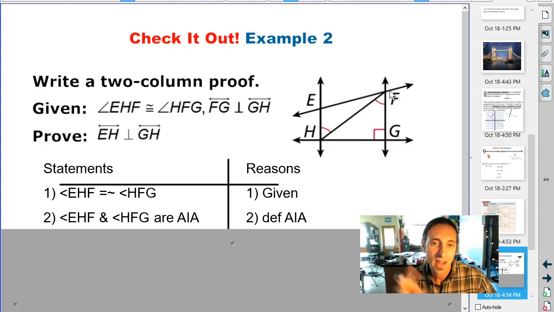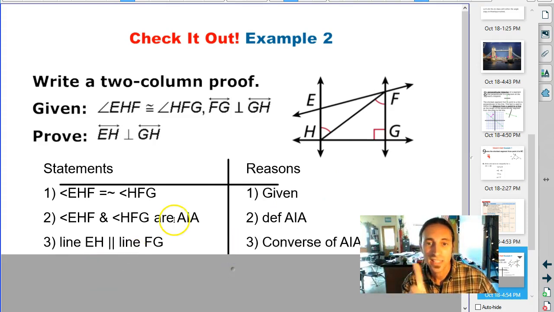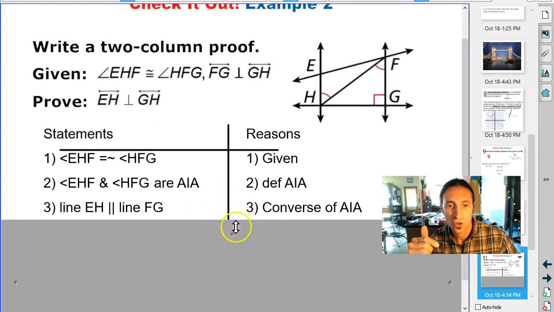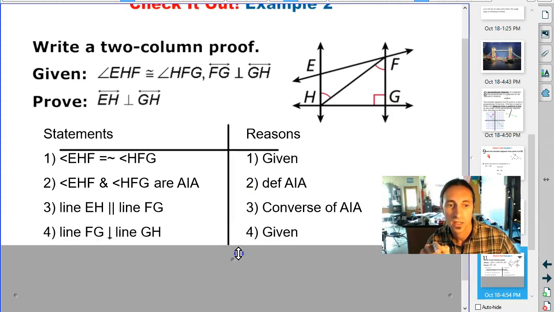Well, sweet. Now that you know you've got congruent angles that are alternate interior, that means lines EH and FG have to be parallel by the converse of alternate interior angles. Oh man, now it's getting good. Now that you know those two lines are parallel, let's restate the obvious because I never stated it.